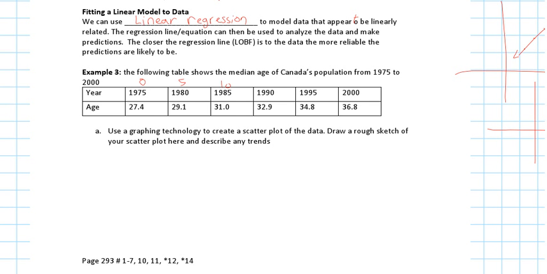Why am I going 0, 5? There's 5 years between 1975 and 1980. But because in this question it doesn't say let 1975 be your year 0, I'm going to keep it the same. We're going to see some examples.